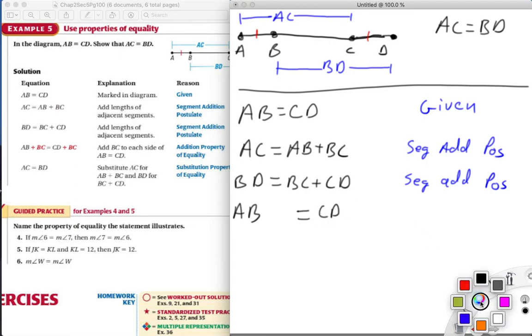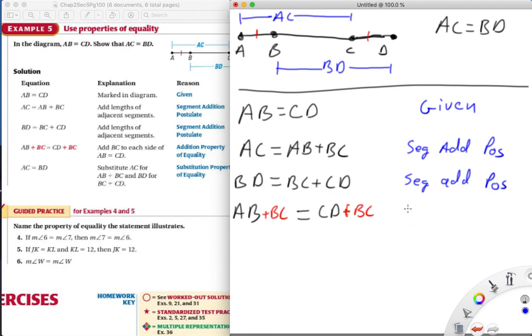If I was to add the same thing on both sides, then I use the addition property of equality, which says that if I have two things that are equal to each other, if I add the same thing to both sides, then the equality sign remains true.